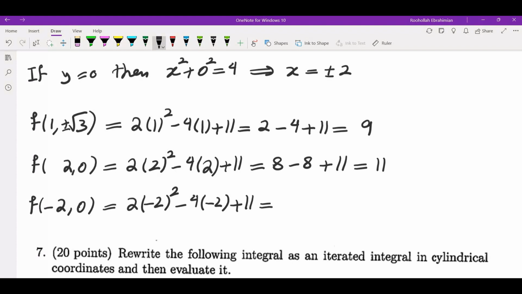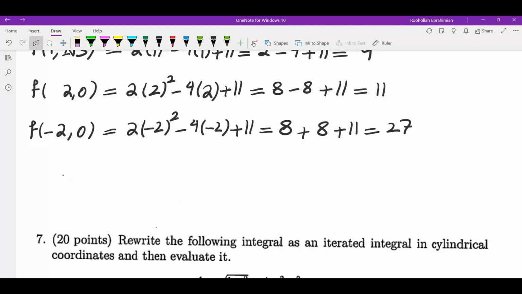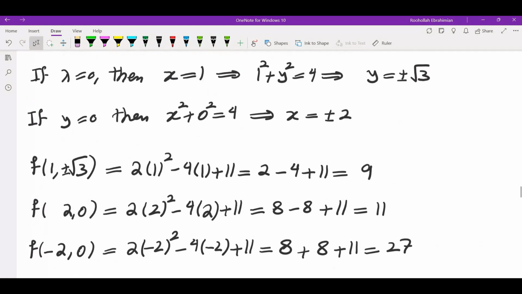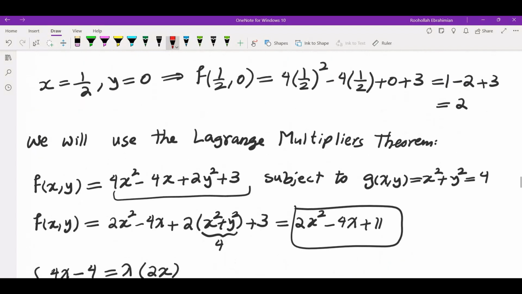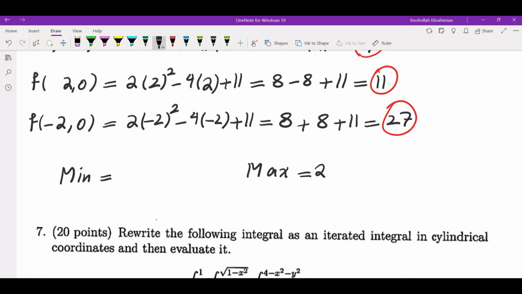So 2 times (-2) squared, that's 8, plus 8, plus 11. That's 16, that's 27. So what is the minimum and what is the maximum? Well, we have to compare these values, 9, 11, 27, and what we got earlier, which was 2. So the maximum is 27, and the minimum is 2.